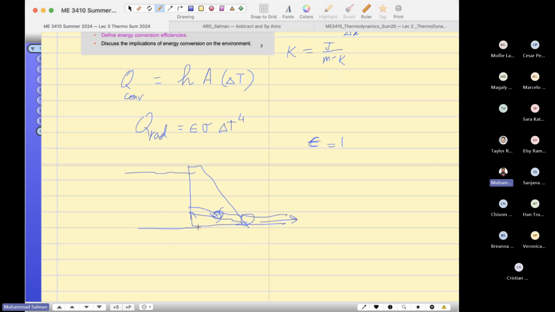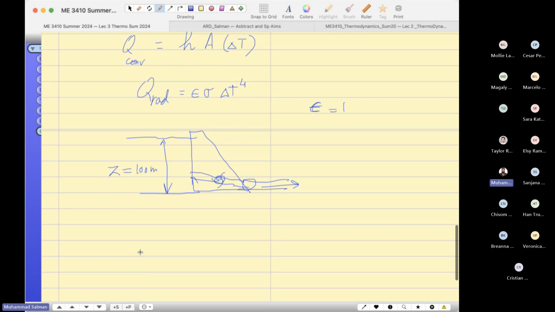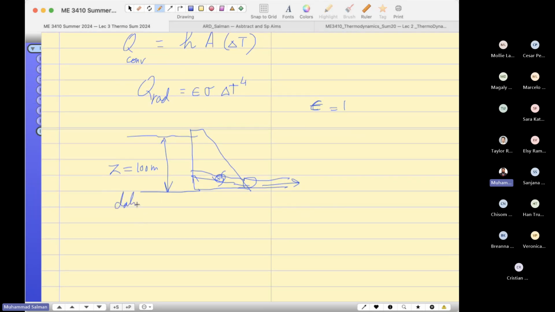So if I ask you, okay guys, suppose the height of this dam is 100 meters, which is usually represented by the letter Z. This is our datum line. If I ask you what is the total amount of energy, you will explain to me, professor, this has a potential energy plus the kinetic energy. This is small e. Small e means specific energy.